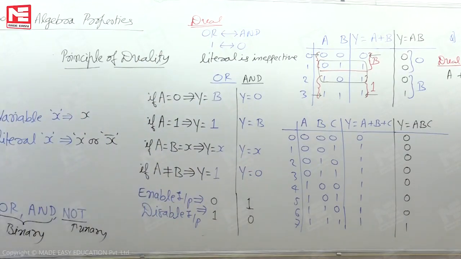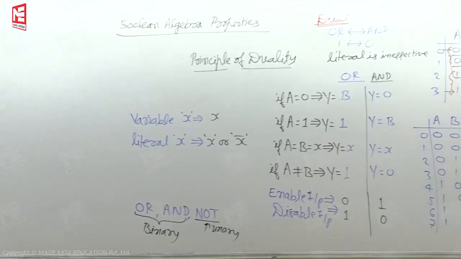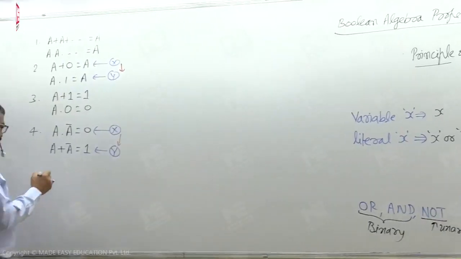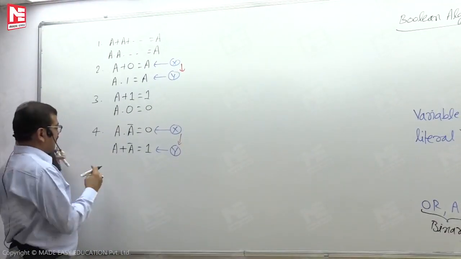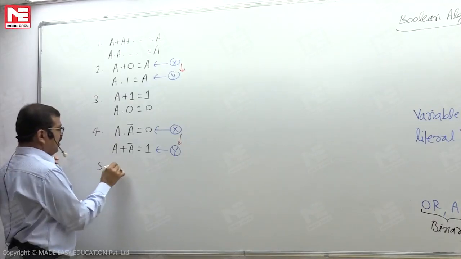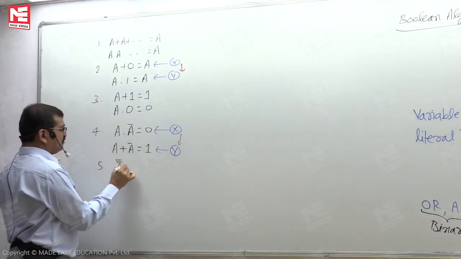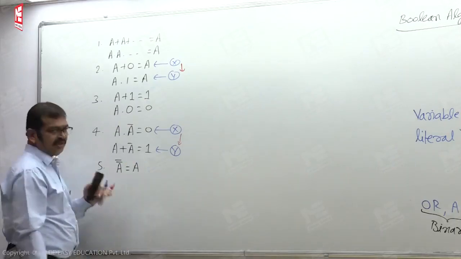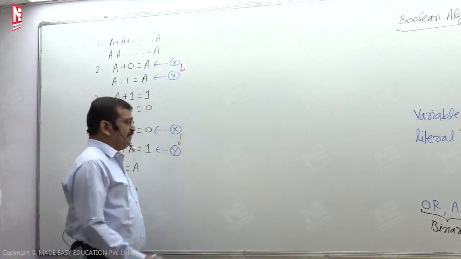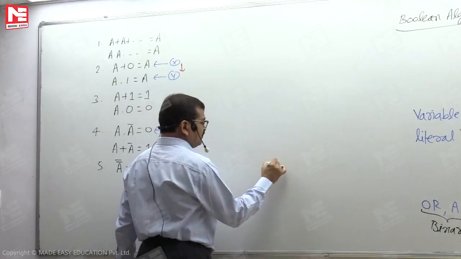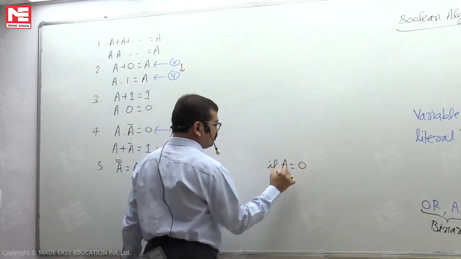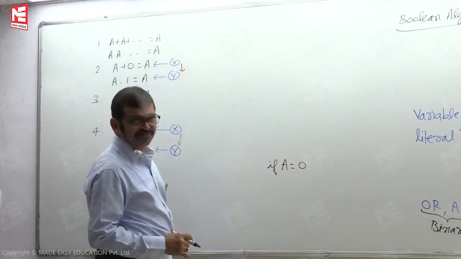Okay, let us come to further listing of these properties. If a variable A is complemented twice, it is the same variable A. You can say this easily. Suppose the Boolean variable A is 0.